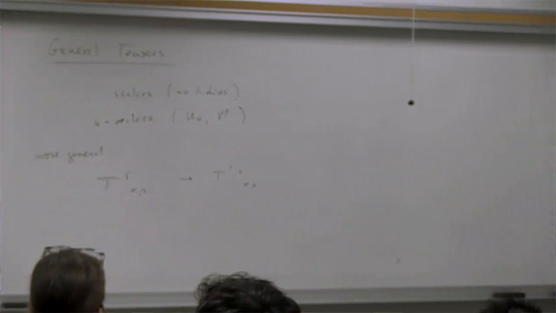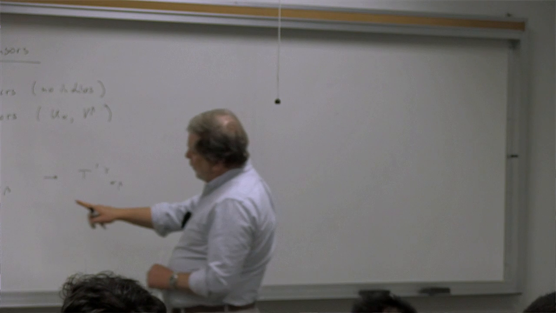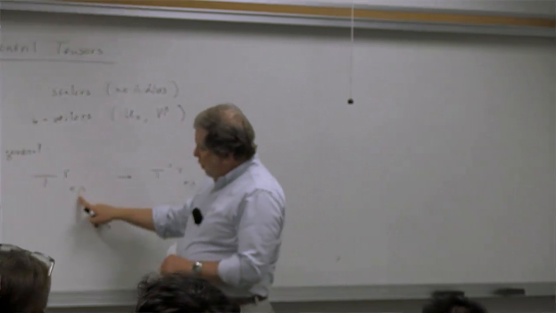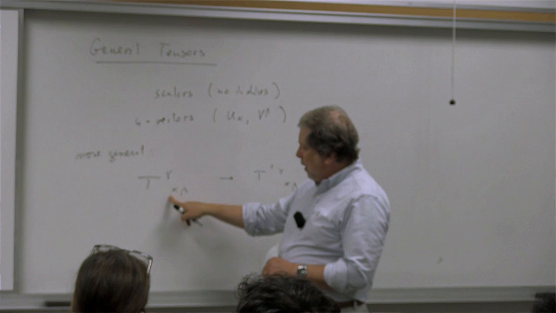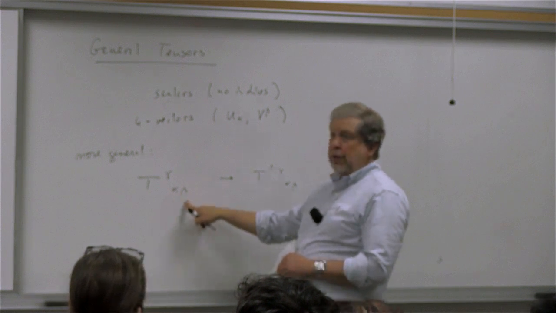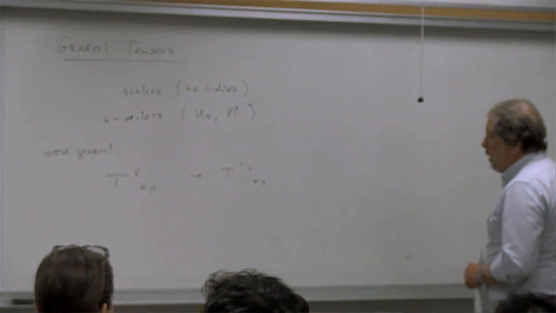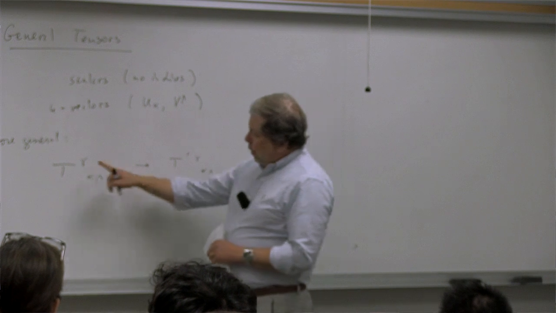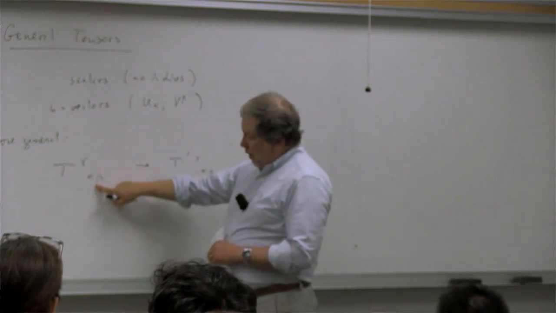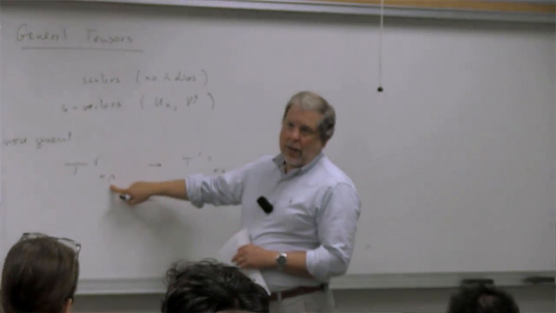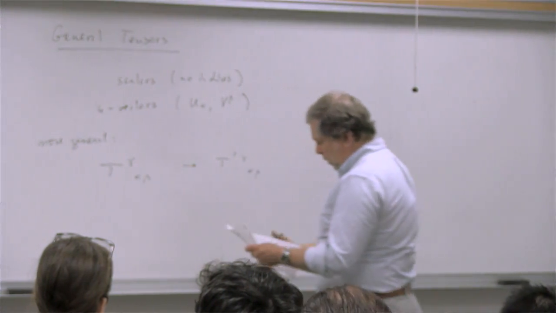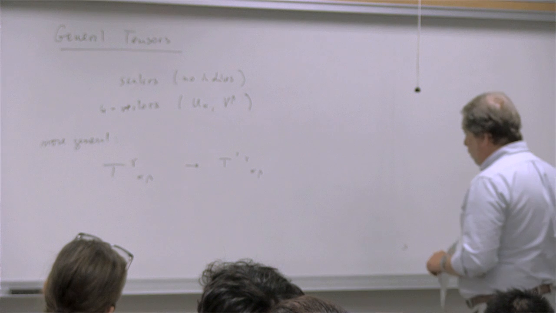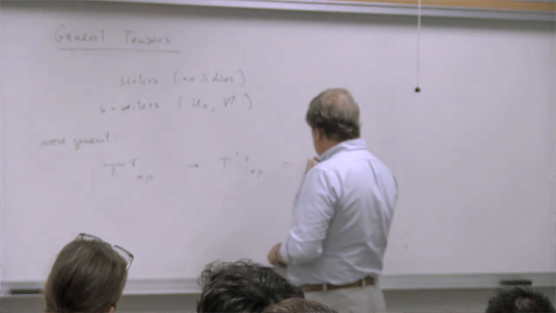This object, which has in the first position, by the way, the position is important, in the first slot an index which is upstairs, and in the second and third slot an index which is downstairs, will transform in a way such that it is covariant in the indices alpha and beta and contravariant in the index gamma, right? So it means that it transforms according to lambda gamma delta.